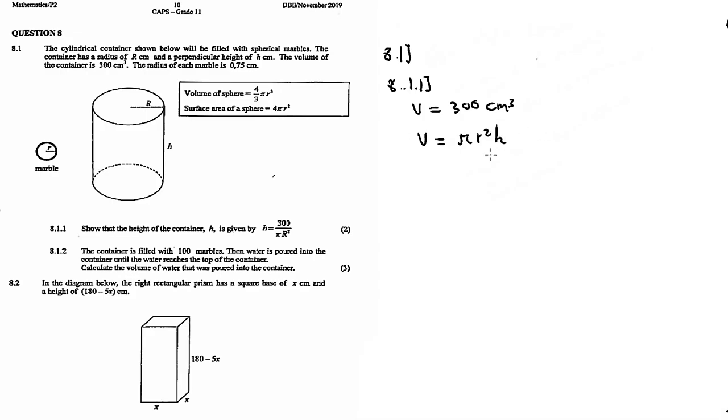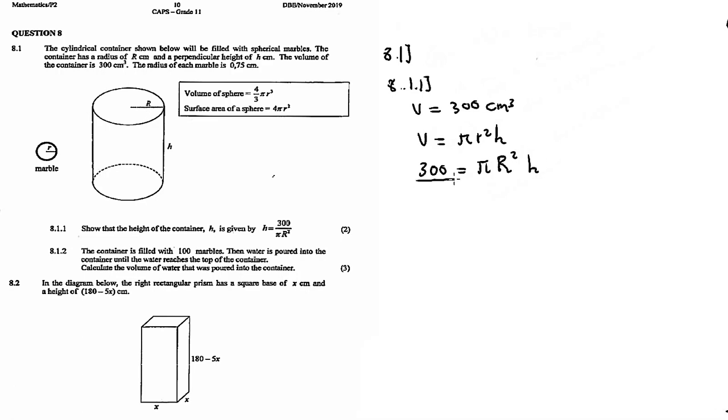This is the formula for calculating the volume of a cylinder, and unfortunately they did not give it to us, so you must know this formula by heart. So let's substitute the volume they gave us. It's 300 equals pi, and the radius of this cylindrical container is capital R, so it's pi R squared times h.